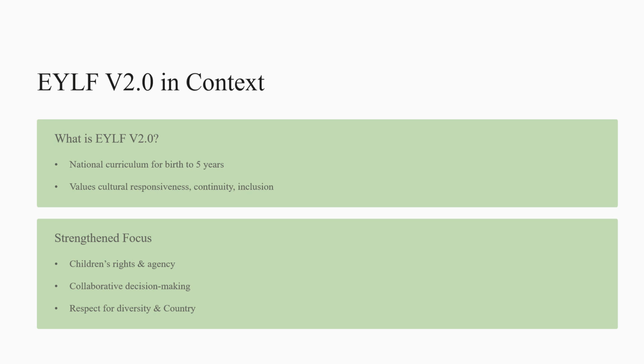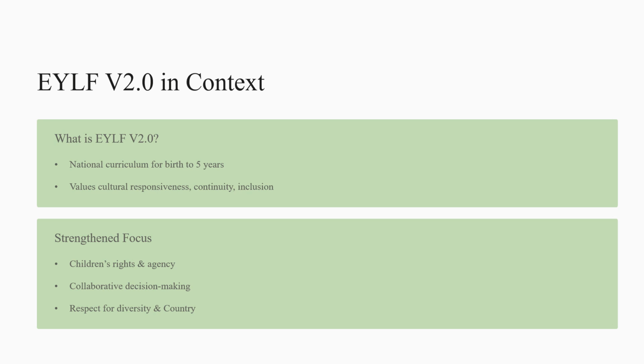This is our national curriculum framework for children from birth to 5 years, and it champions cultural responsiveness, continuity and inclusion as well. So what's new in version 2.0? It brings a stronger focus on children's rights and agency, giving them a voice in their learning.